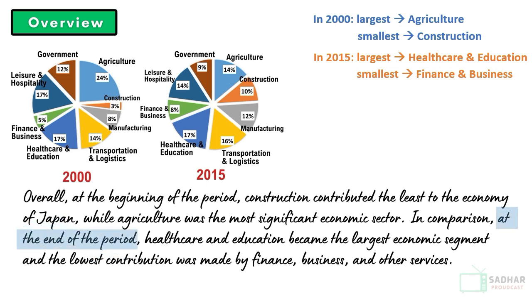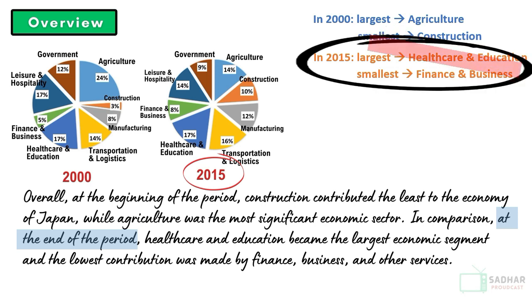The next one, we have at the end of the period, which is 2015. Let's take a look at the data from 2015. And then we have healthcare and education as the largest sector.